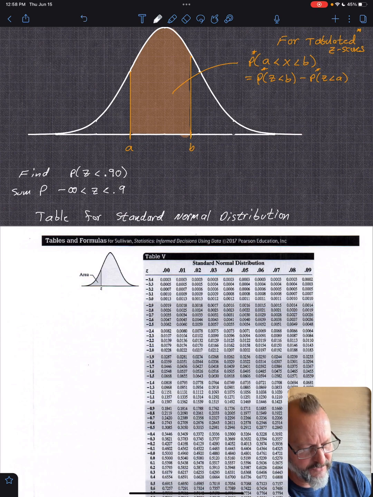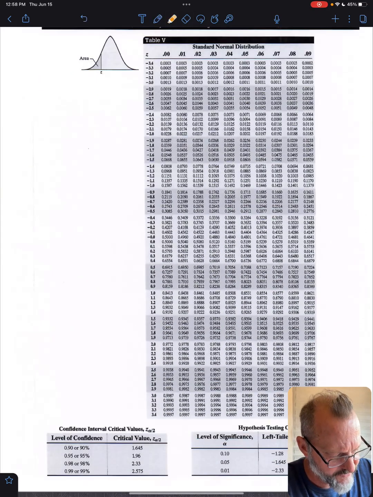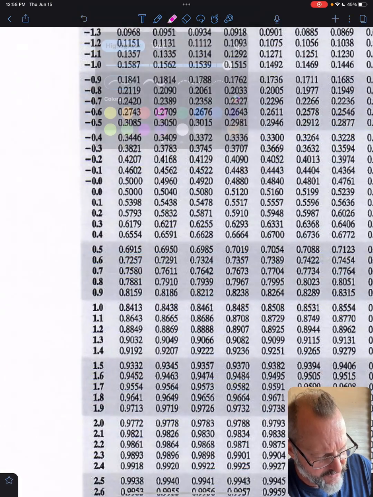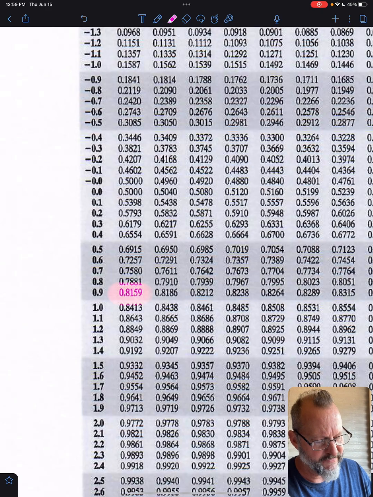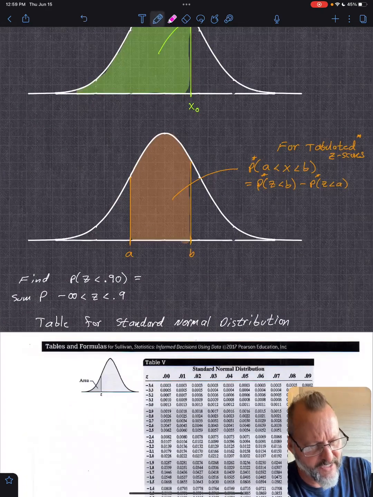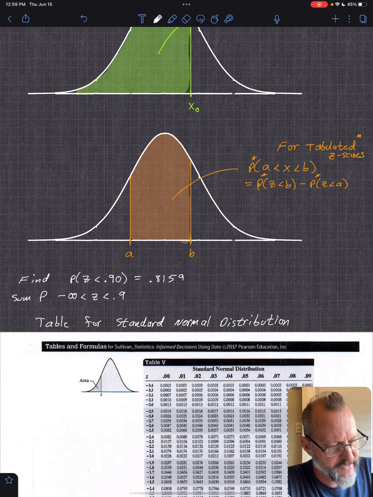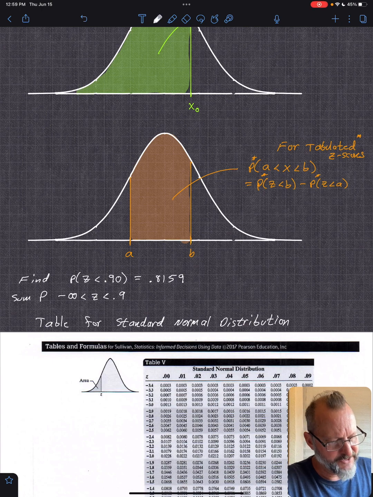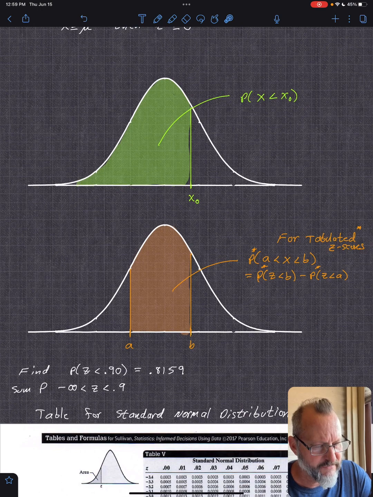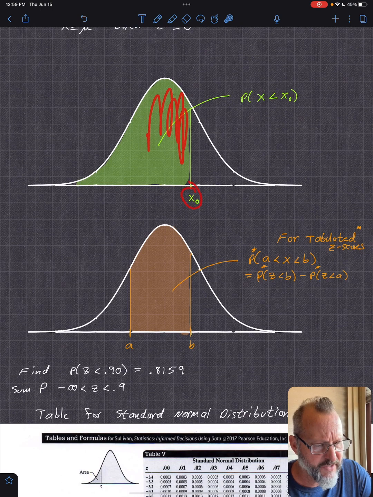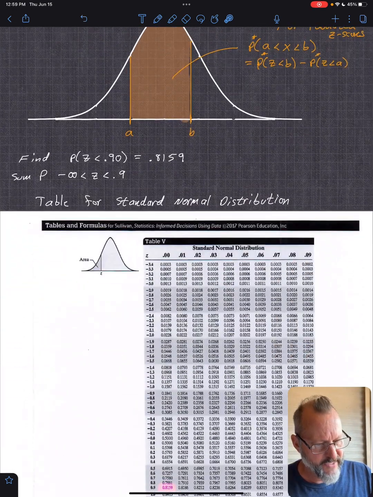And so that answer, you just say equals, and whatever that was. I had it highlighted on purpose for a reason. It was this one. 0.8159. So that's looking at, it's like this case up here. You're looking at all that sum right there. Okay, let's do another one.